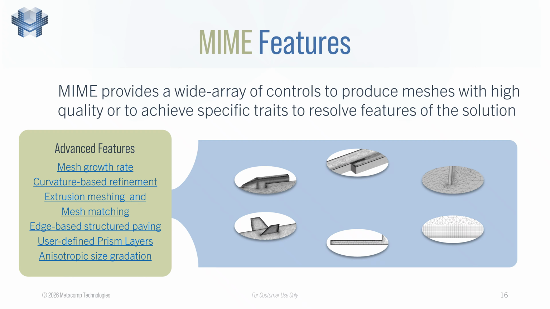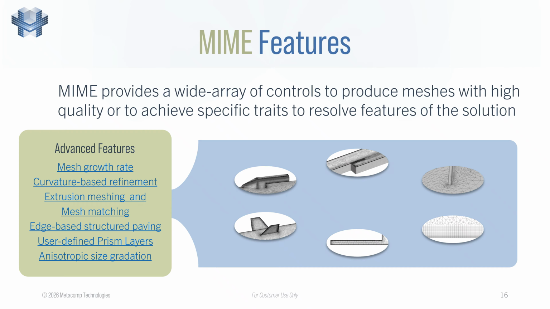MIME provides a comprehensive collection of controls that allow users to achieve specific objectives with their generated meshes. For example, users can set an overall rate at which cells are allowed to change in size. Curvature-based refinement can be activated to ensure that the mesh automatically resolves the curved features of the geometry.